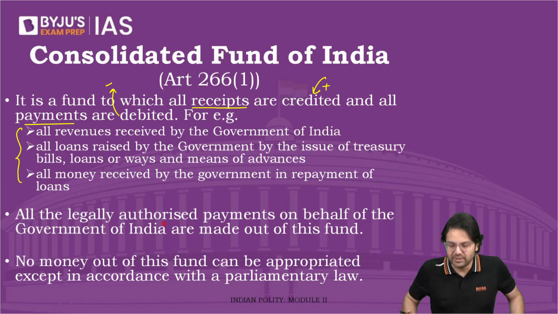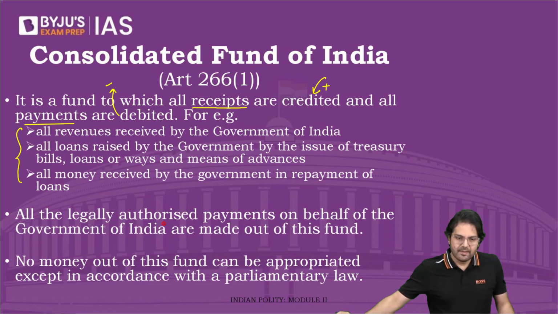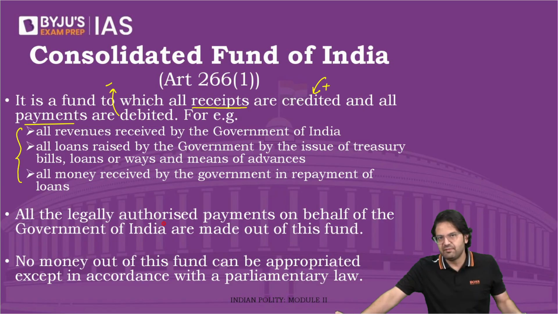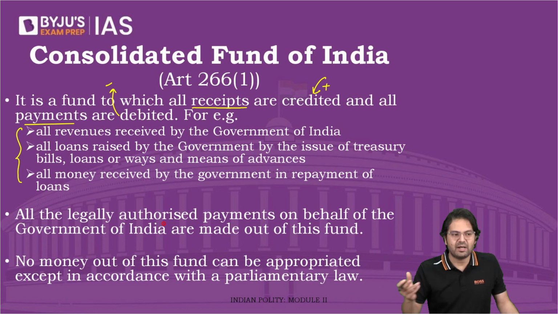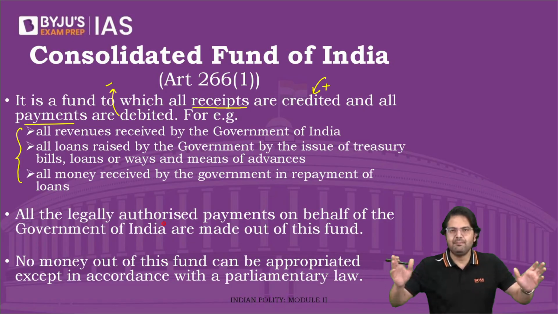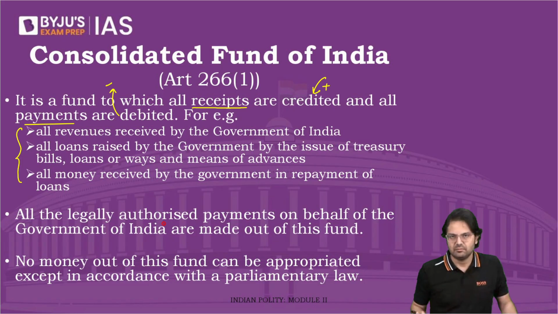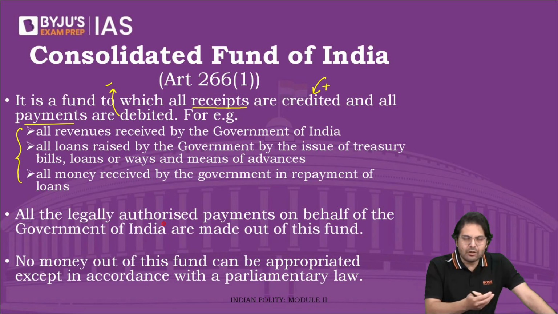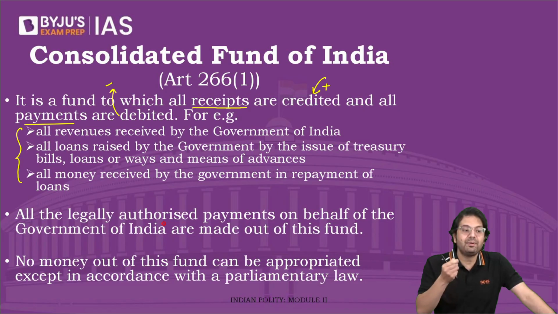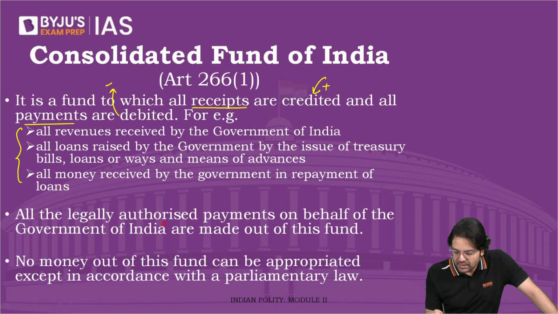One small important point. After all, a very important question here is that we need to have a check on the government's behavior, on how they are spending money, so that they do not misuse this power. So when you want to take out money from CFI, there is a very simple condition. The condition is that Parliament has to approve it. All the MPs sitting in the Lok Sabha have to approve it. Clear? So no money out of this fund can be appropriated. What is appropriate?